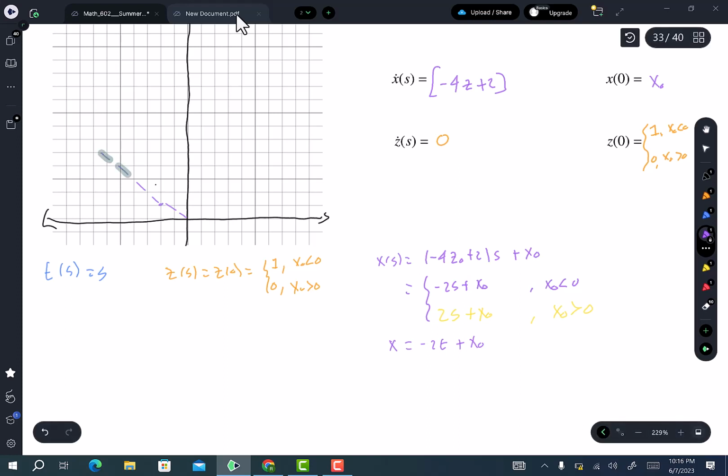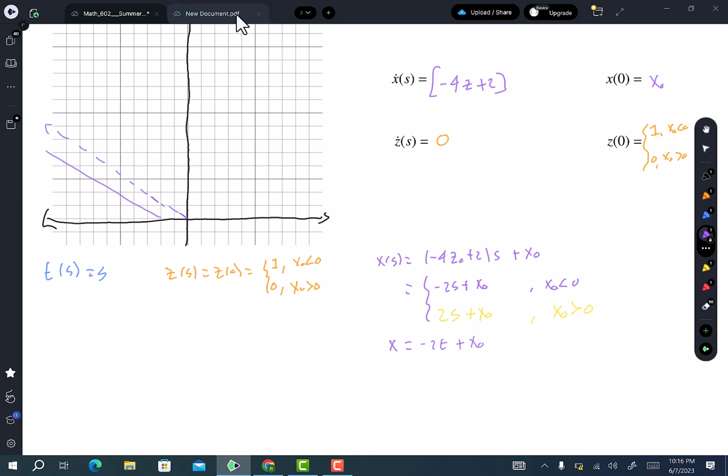So horrible line here. I'm trying to draw a dashed line. This is kind of the boundary characteristic where we're going to have these sort of weird things happen. So we'll have something like this. And then all of these purple characteristics are all parallel to each other, and I know that over here, rho is going to be equal to 1.